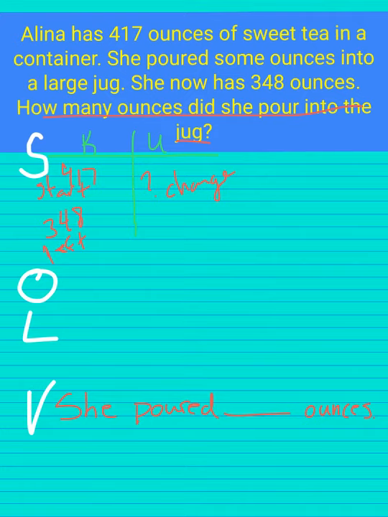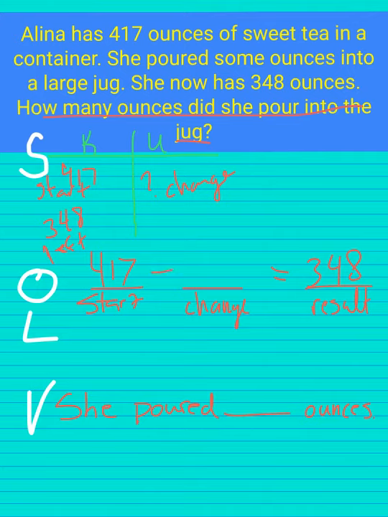It's about how many ounces she let go of, how many ounces she gave away. So we know that our start was 417. We have an unknown change. And we have a result of 348.